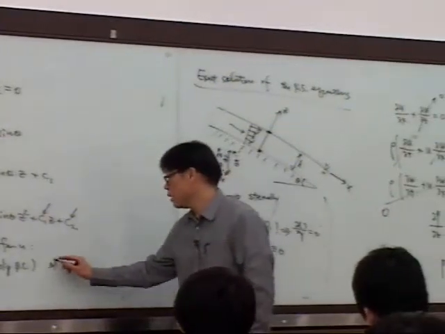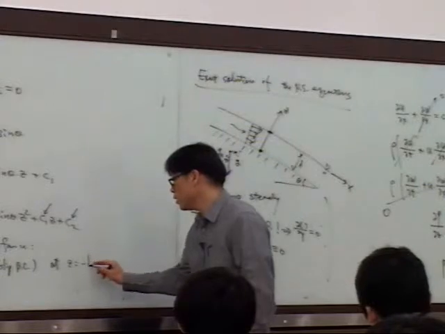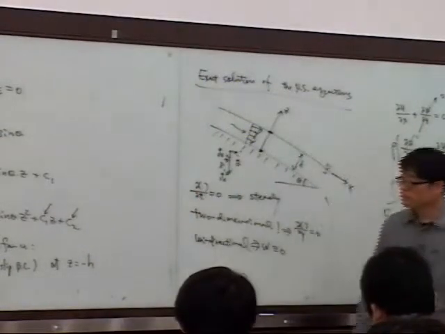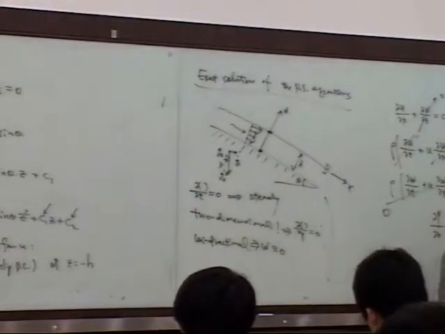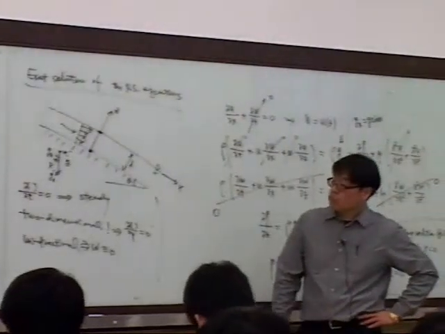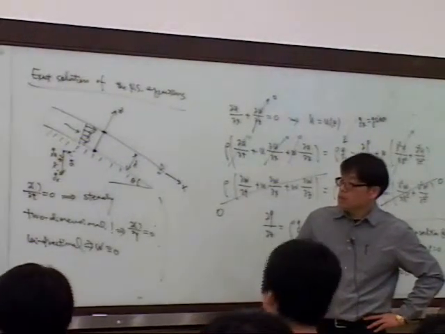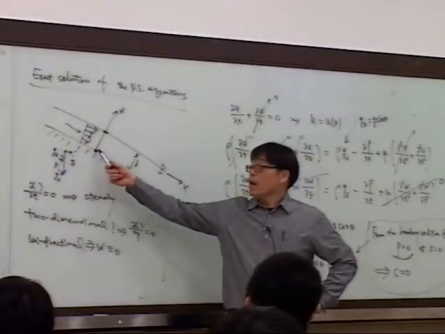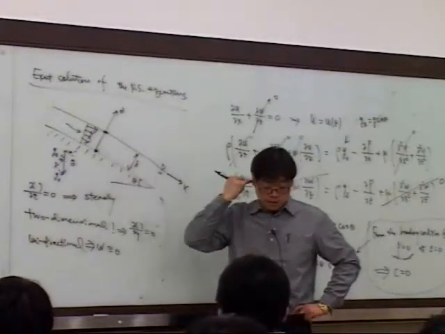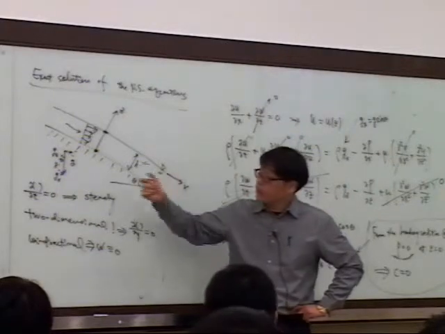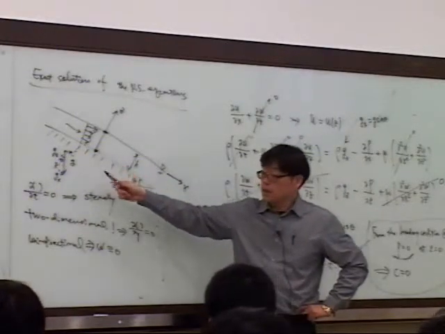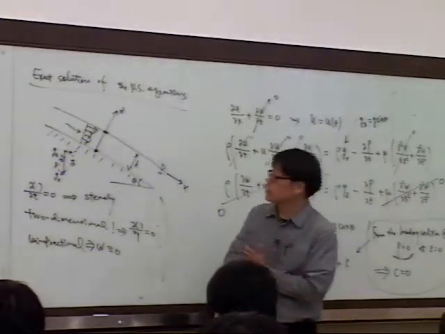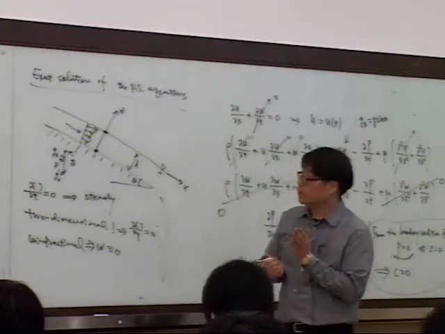At z equal to minus H. Okay. So he says a fluid particle has to stay on the rigid boundary, and there is no slip between the fluid and the boundary.